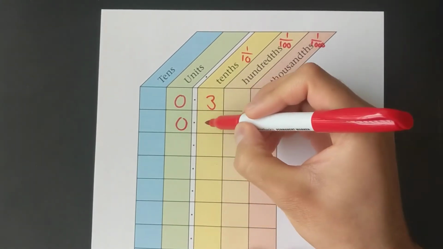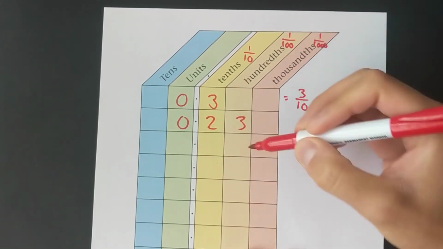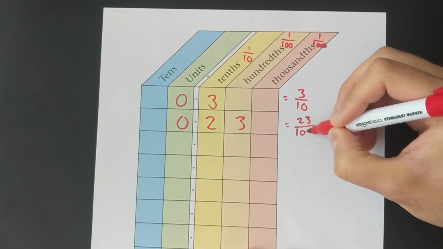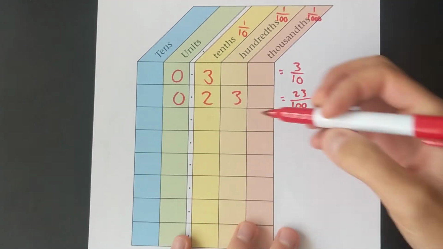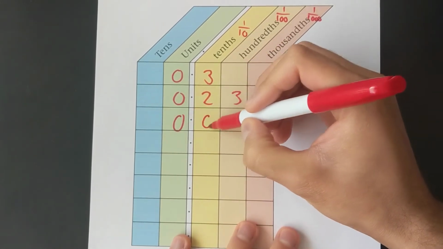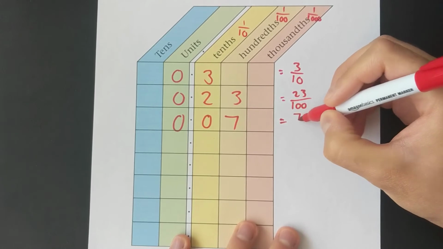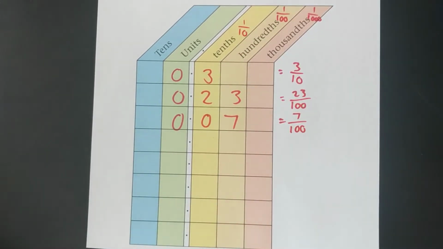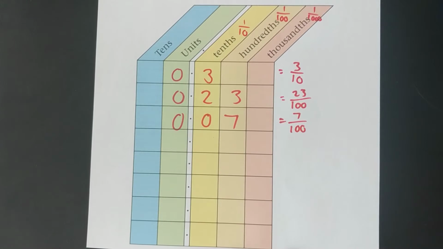Similarly, 0.23, here I've got 2 tenths and I've got 3 hundredths. I've got altogether 23 hundredths. I could have 0.07, which would be here 7 hundredths. Terminating decimals are just fractions where the denominator is either 10, 100, 1,000, 10,000, and so on.